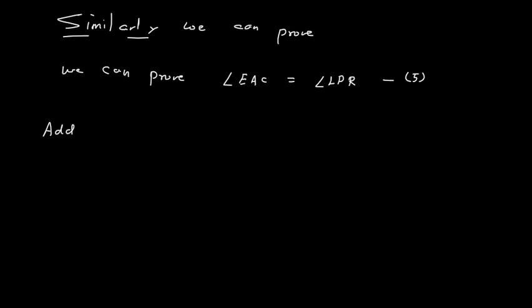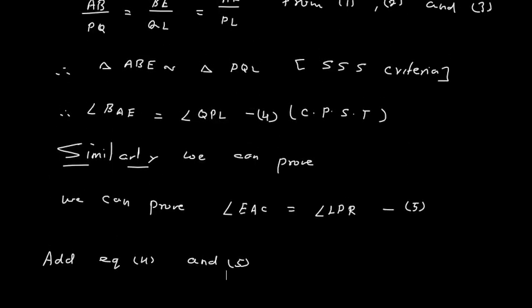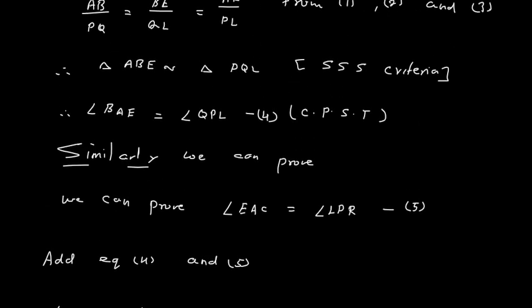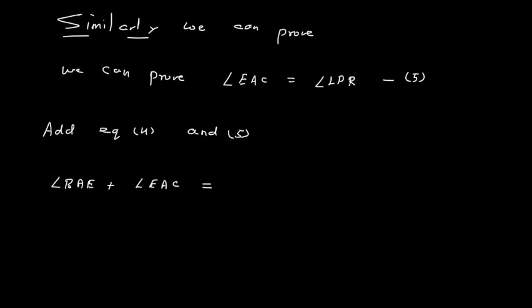Now we add equation 4 and 5. When you add equation 4 and 5, equation 4 is angle BAE. So angle BAE plus angle EAC is equal to angle QPL plus angle LPR.